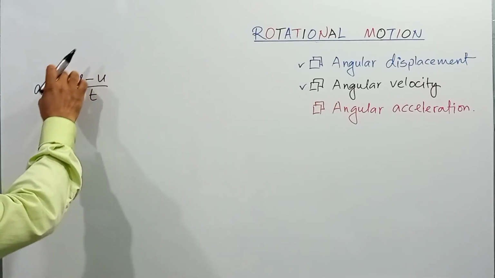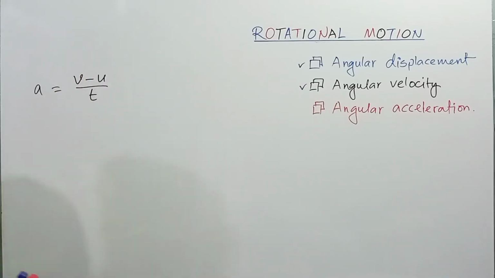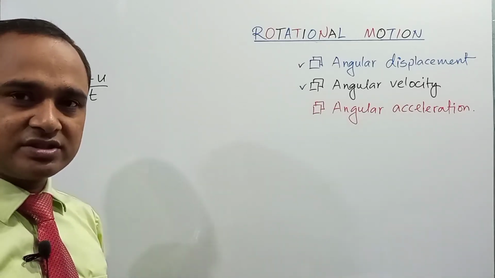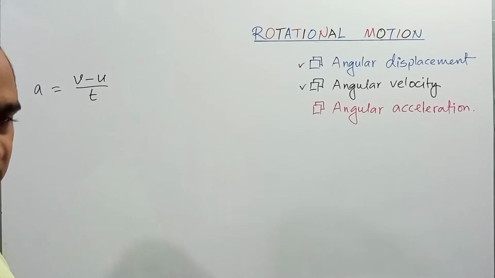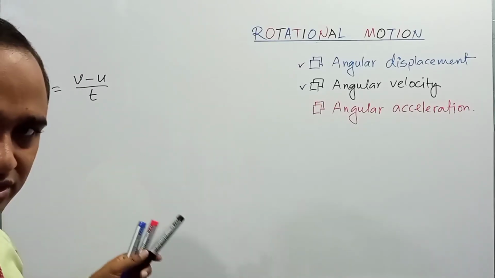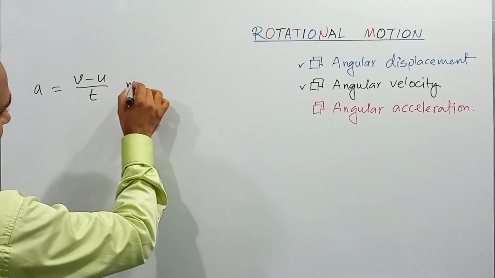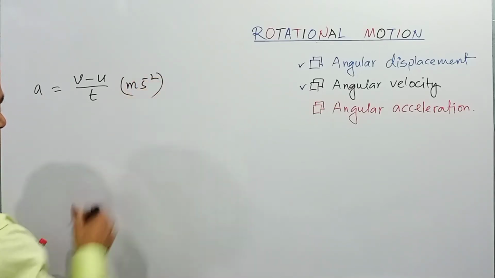Here u is initial velocity, v is final velocity. So, v minus u means the change of velocity divided by the required time. So, rate of change of velocity is called acceleration, and its unit will be meter per second square.